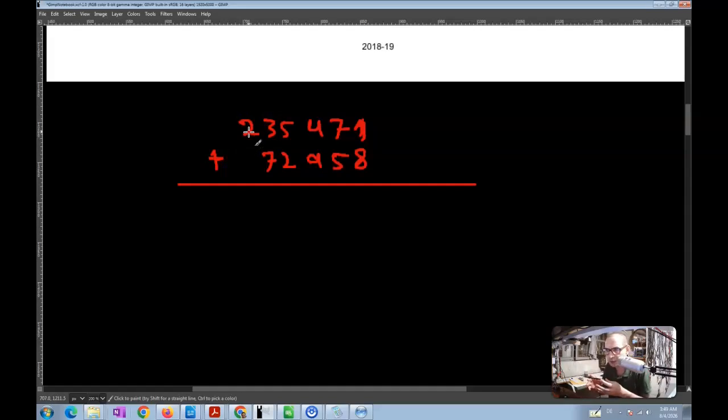if your numbers are such that you would benefit from ripping your number apart, you can do that as well. 235,471 is actually nothing but, so you have the ones place value, the 10, the 100, the 1,000, the 10,000, and the 100,000. This 2 over here is in the 100,000 place value, which is the same thing as 2 times 100,000.